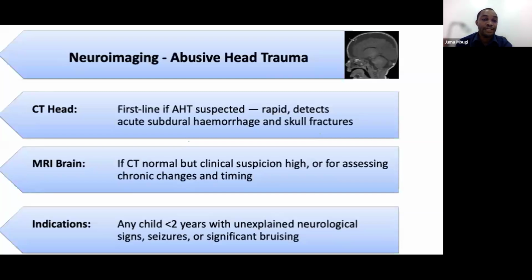So who is to be getting abusive head trauma neuroimaging? Any child less than 2 years with unexplained neurological signs or seizure or significant bruising. These investigations should be guided by clinical presentation and the local safeguarding protocols.